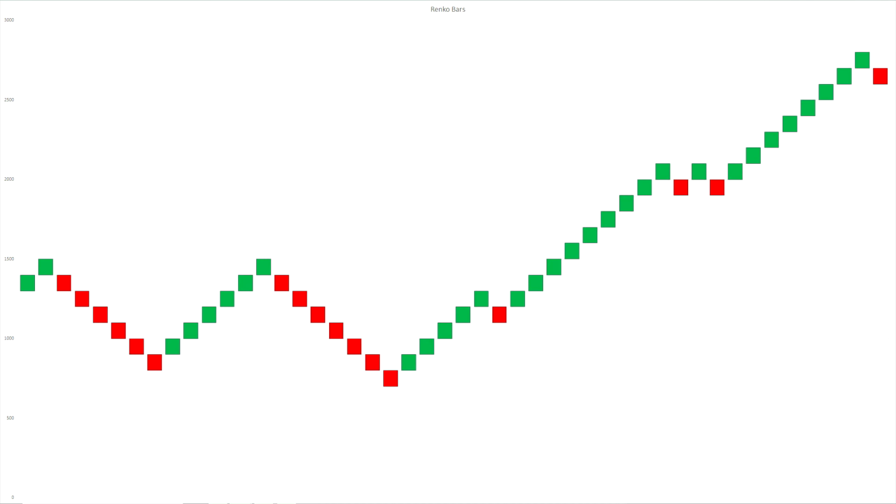But this is not a time-based charting system, so if we have an extremely large move within our time period, say a move of 300 points, we wouldn't just draw one Renko bar, we would potentially be drawing 3 new ones if we've closed above the equivalent of 3 bars. So each bar, although it normally moves slower than the normal market, if we have a very large price move, that would be reflected in our Renko bars.